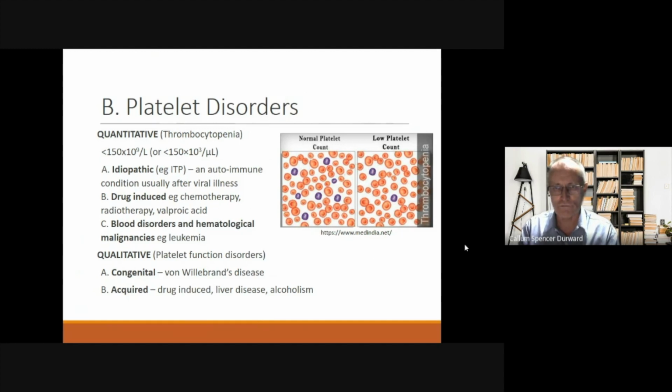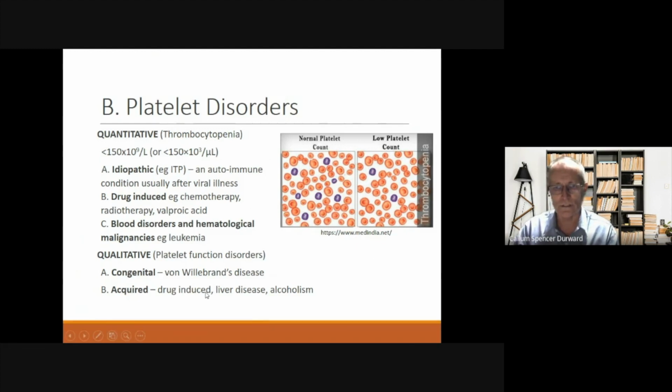There's also thrombocytopenia caused by drugs, such as in patients having chemotherapy or radiotherapy, or the drug valproic acid. And some blood disorders and malignancies, such as leukemia, can also cause thrombocytopenia.